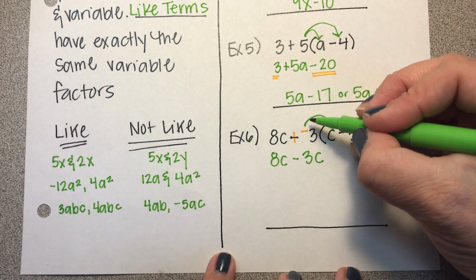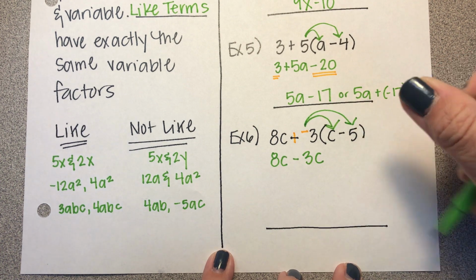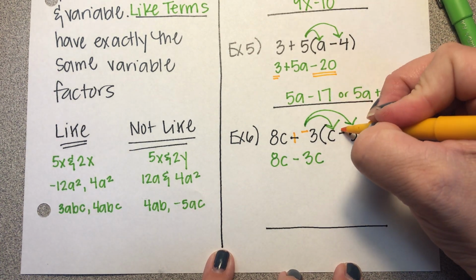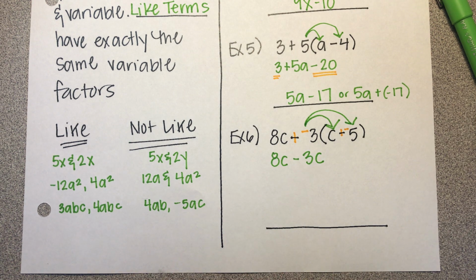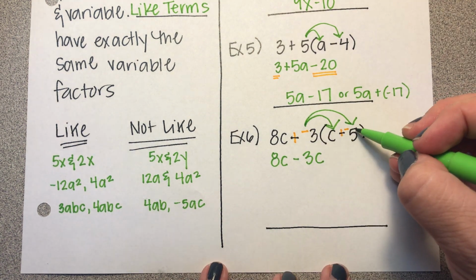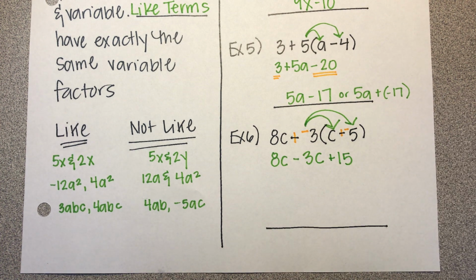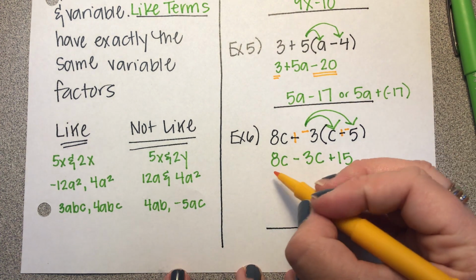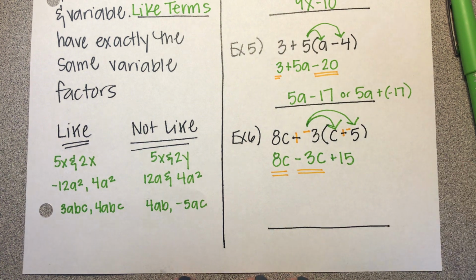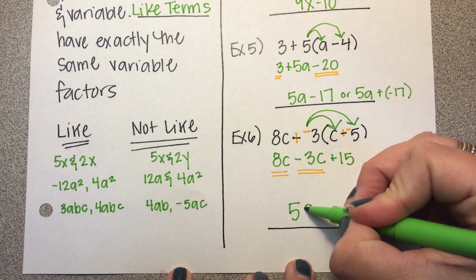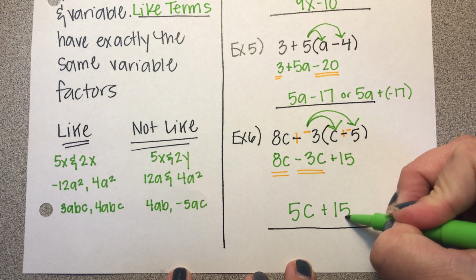And then over here, we have negative 3 times negative 5, because this is the same as adding negative 5. So negative times negative would be plus 15. And so now 8c minus 3c is 5c plus 15.